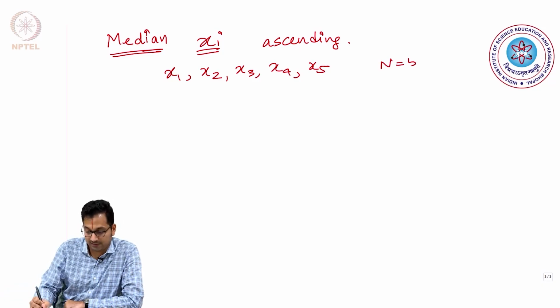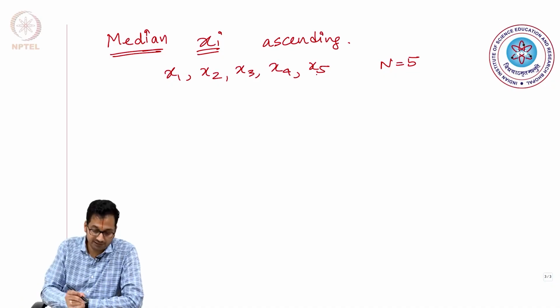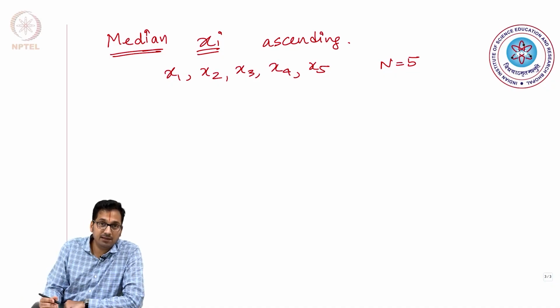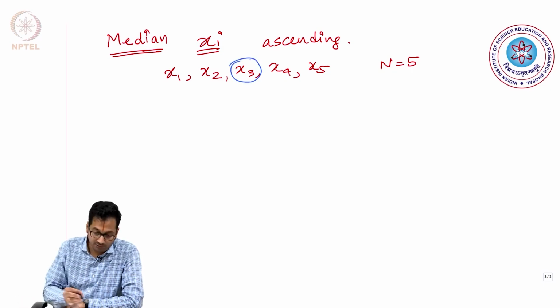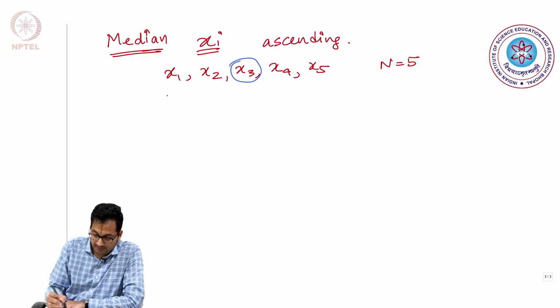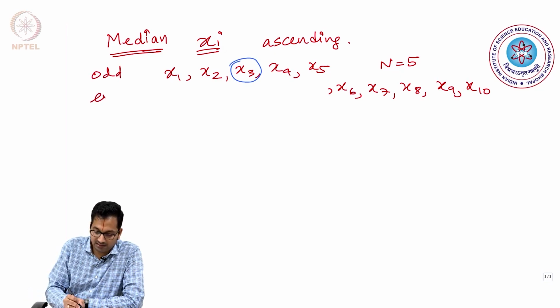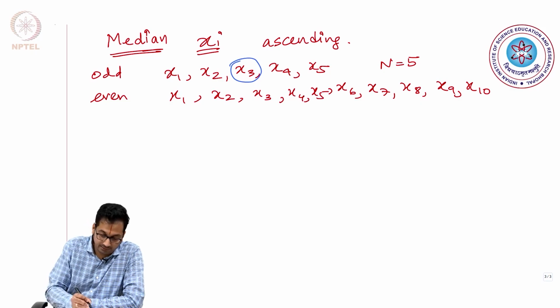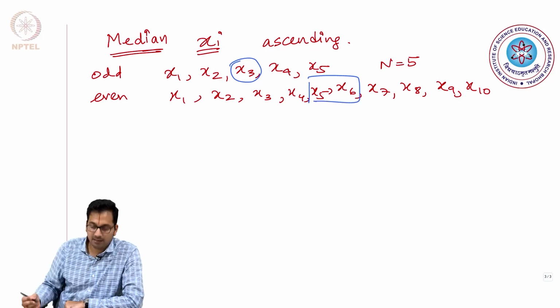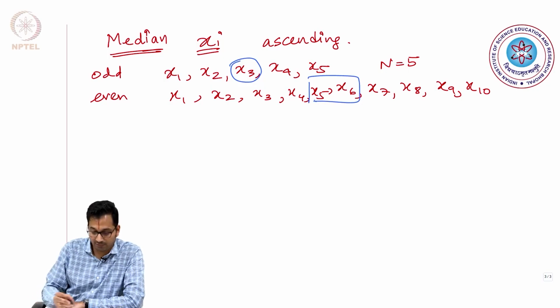So here capital N is set to 5, and you have made 5 such measurements. Here the median will be the number that comes in the middle. Now let's say we have another data set that goes as x6, x7, x8, x9 and x10. So in the first case we saw an odd number of measurements. Let's say you have an even number of measurements. In this case, you calculate the median by taking the middle two numbers and averaging them.